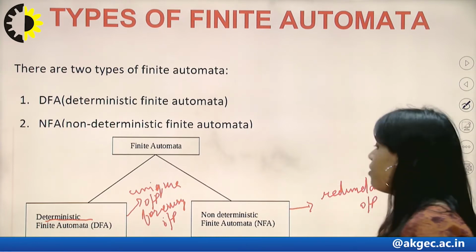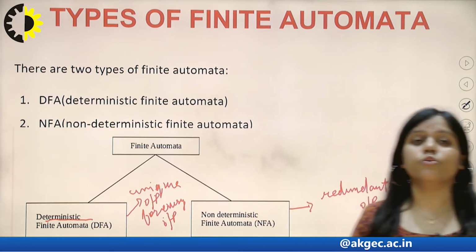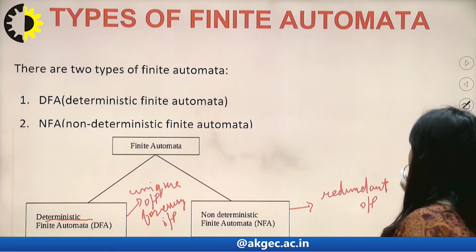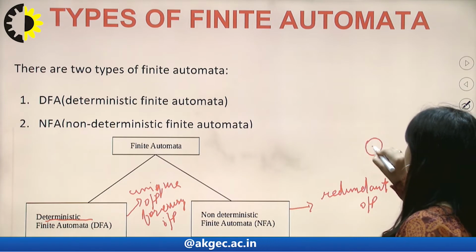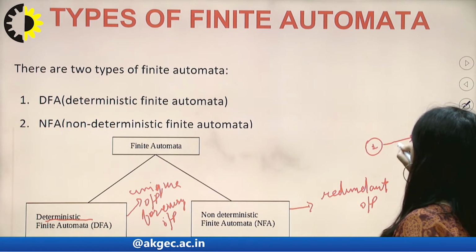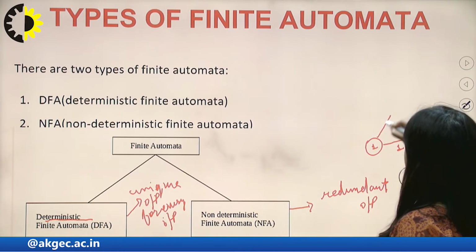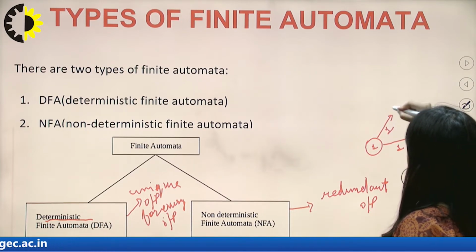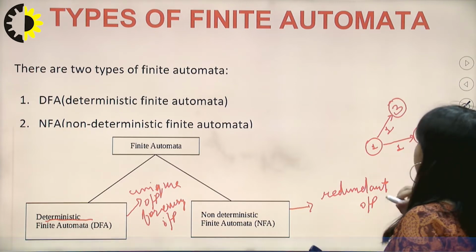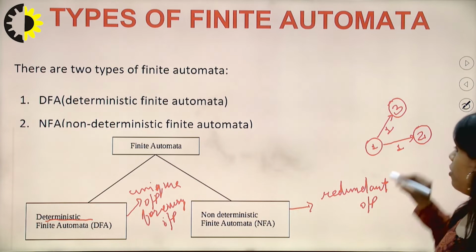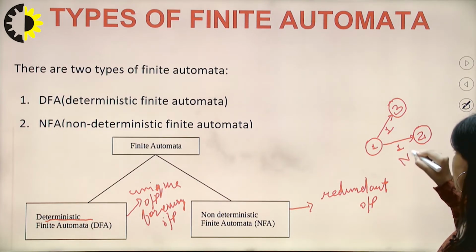While we move further with these 2 automata, I'll just tell you: if there is state 1 that takes 1 as input and produces state 2, there can also be a production where, by taking the same input 1, state 1 can reach state 3.